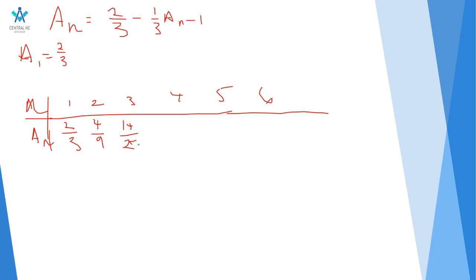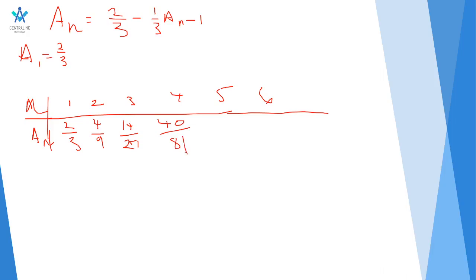Okay, so 14/27. If you do this, it's 14/81, and some algebra here. I'm not a big fan. 54 minus. I did some algebra here. Sorry about that. That's 40/81. If you keep on going, that'd be 40/243.